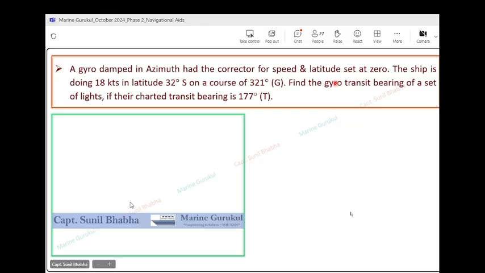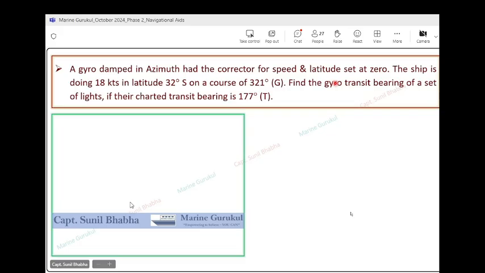The purpose of these knobs, the speed and latitude knobs, was to give an input of the current speed of the ship and the latitude of the ship to the gyro compass. You see, these are the two parameters which are required to calculate the gyro errors. Whether it is the damping error or the steaming error, CLSE, in both cases we require the speed of the ship and the latitude of the ship.